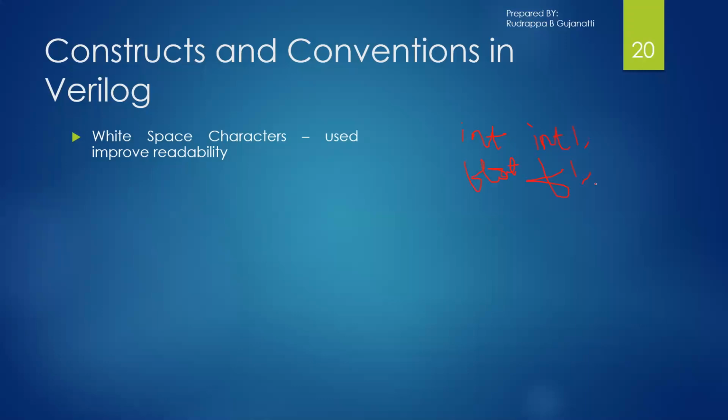Here you can see that I have declared some variables. Now generally coders follow this kind of thing so that you can read the code in a much better fashion. So I'll leave some space over here.